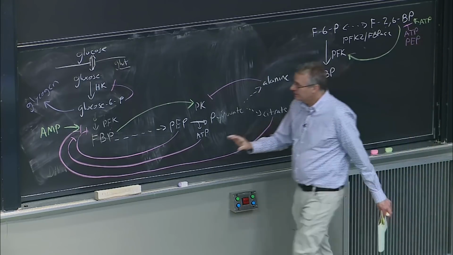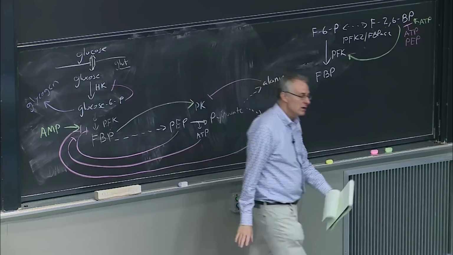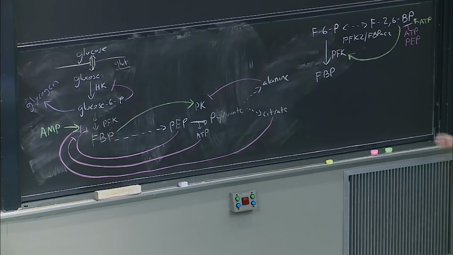So exactly what is shown here is allosteric regulation. Just some of this allosteric regulation is via this side enzyme to make a separate product, fructose 2,6-bisphosphate, and there's control theory considerations for why that might happen.